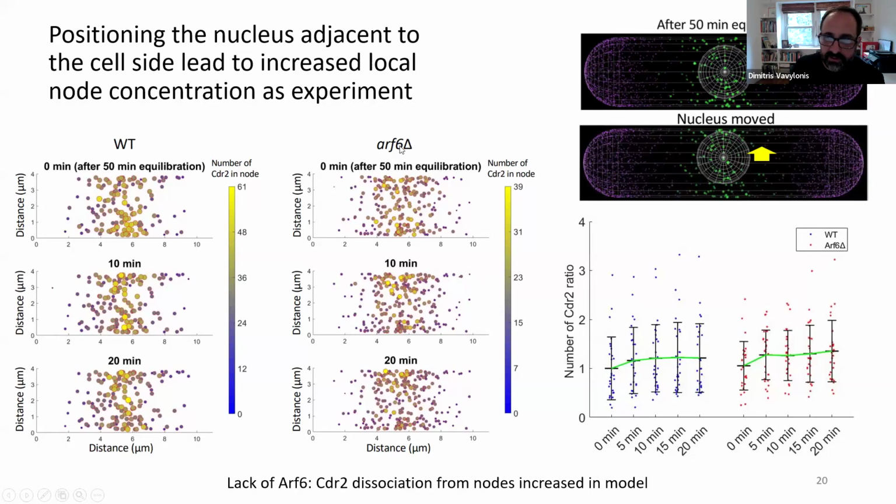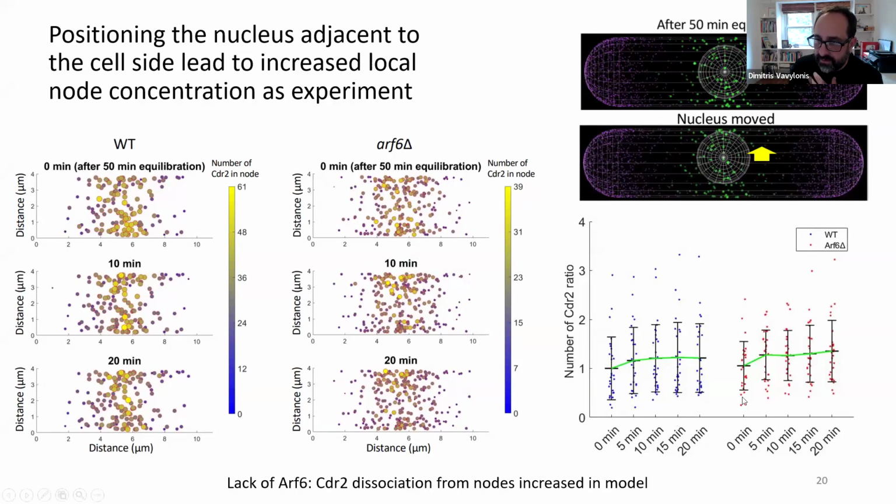And then in the cells where the nodes are more dynamic because they lack this protein called ARF6. And you can see here in this simulation, I hope, that initially the nodes are more uniformly distributed in intensity. And then in 10 minutes, their intensity increases when they're closer to one side of the cell.